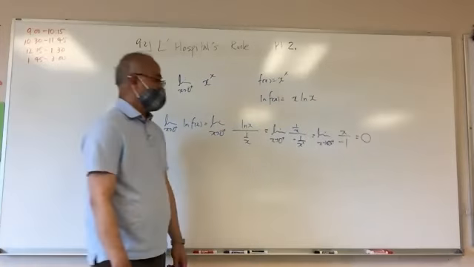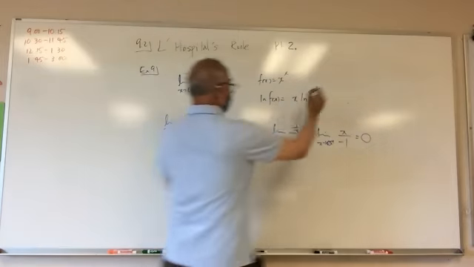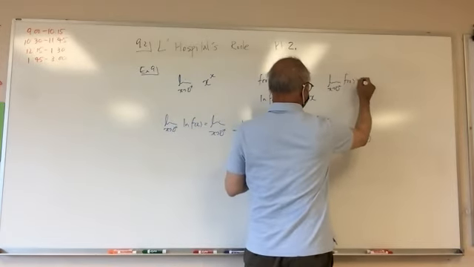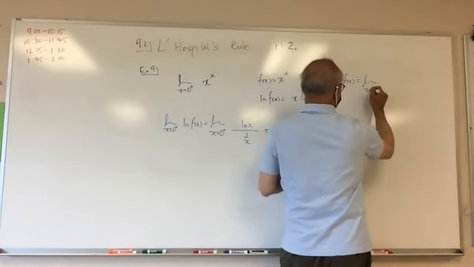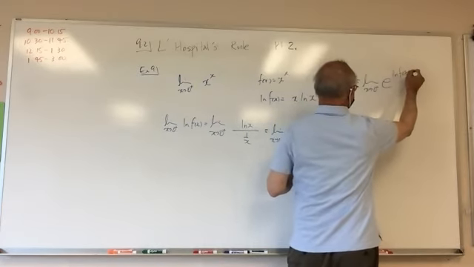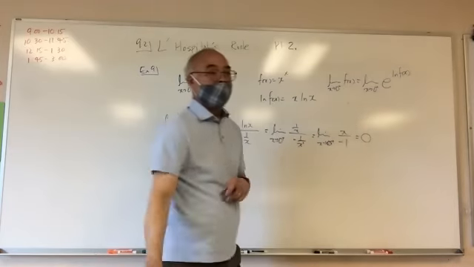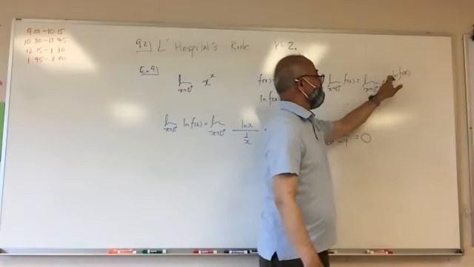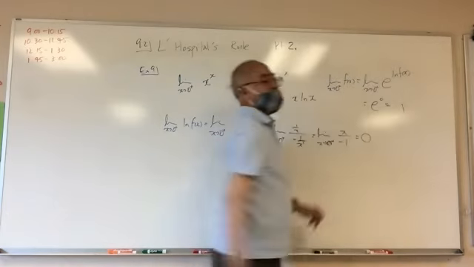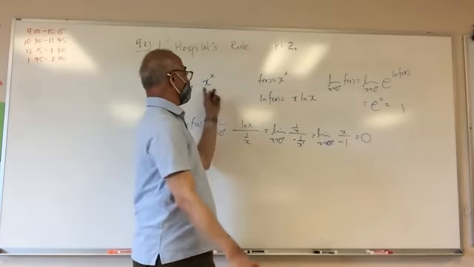So again, what I'm trying to find is the limit of f of x. But what I found out was that natural log of f of x goes to 0. Since this guy goes to 0, f of x goes to e to the 0, which is 1. So your answer is 1.